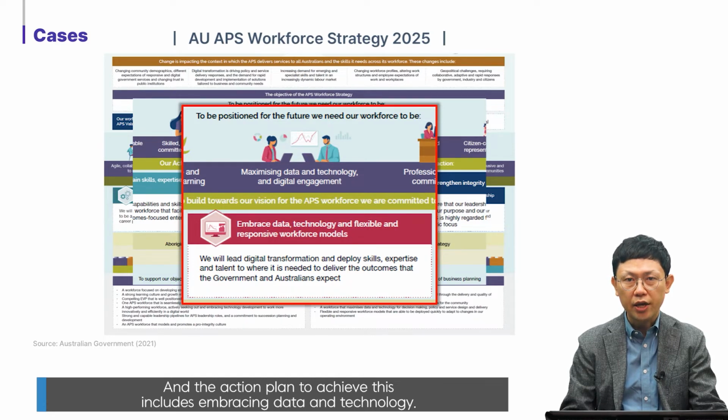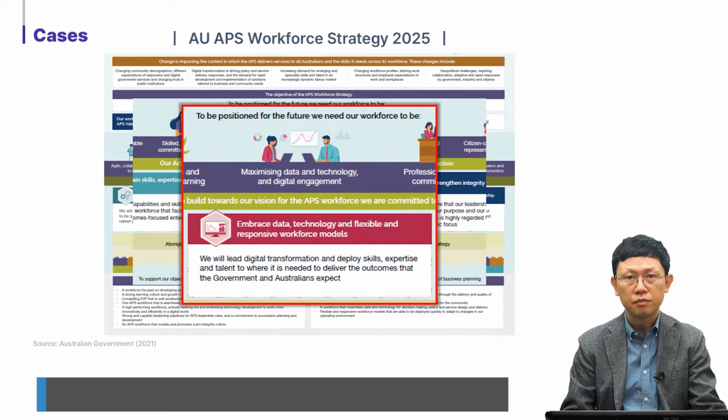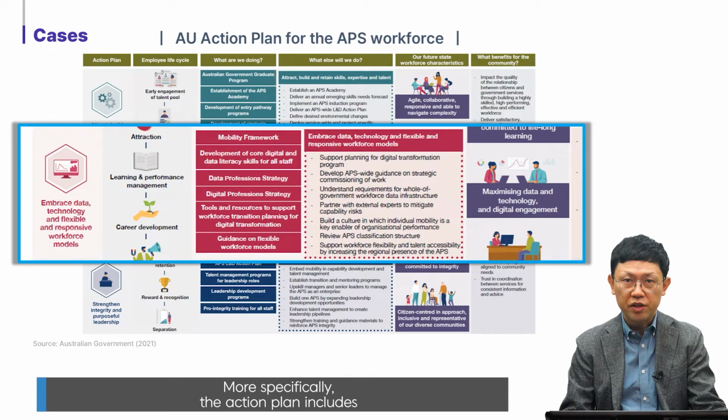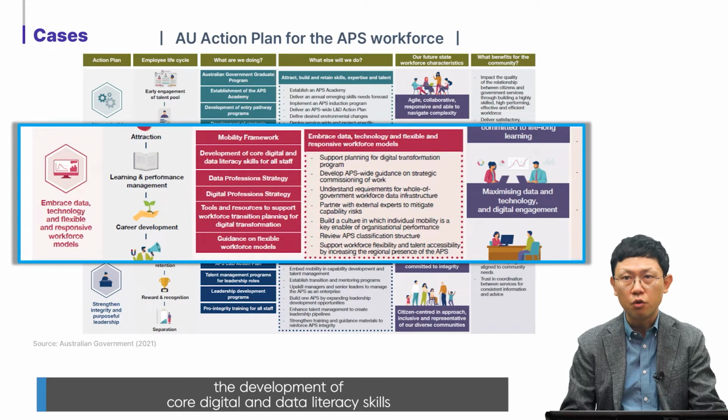And the action plan to achieve this includes embracing data and technology. More specifically, the action plan includes the development of core digital and data literacy skills and a strategy for digital and data professionals.